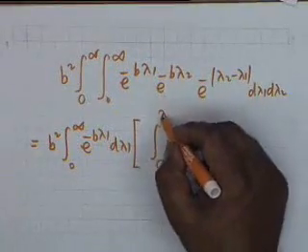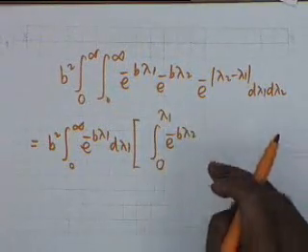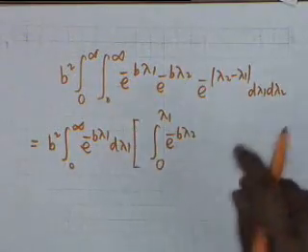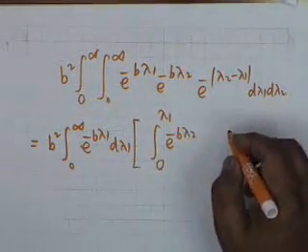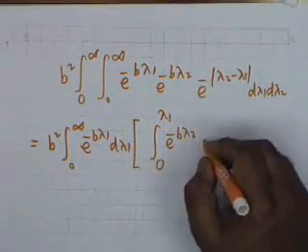Now you have to separate this into two integrals. One is lambda 2 less than lambda 1, the other is lambda 2 greater than lambda 1. The first integral would go from 0 to lambda 1, and the second one from lambda 1 to infinity, and we shall have e to the minus b lambda 2.